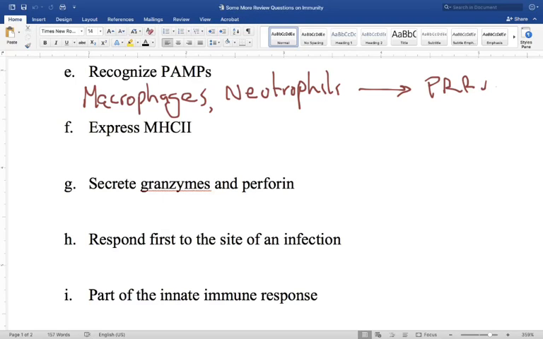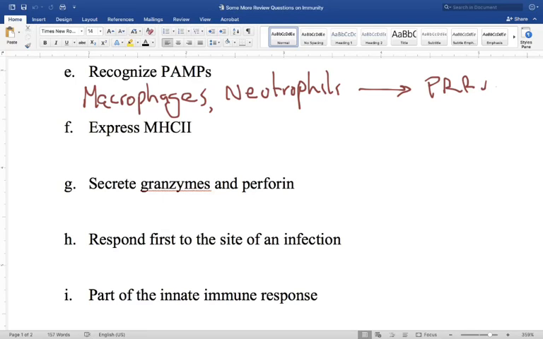Those two are the only ones that express MHC2. And they are the only ones then that can present that antigen to what? What recognizes MHC2? What cell type recognizes MHC2? Good, our T helper cells. Perfect.